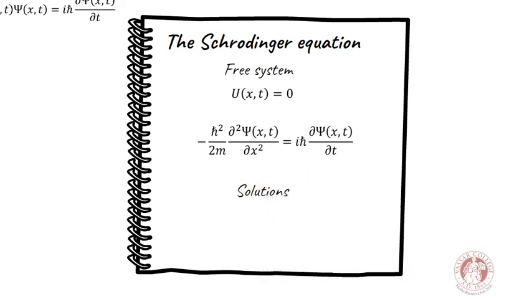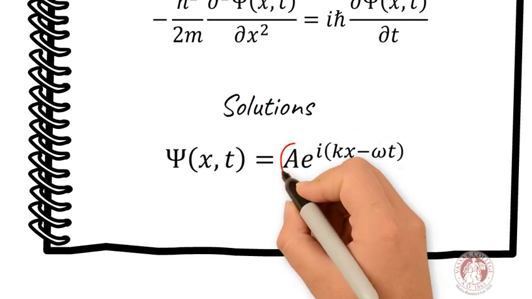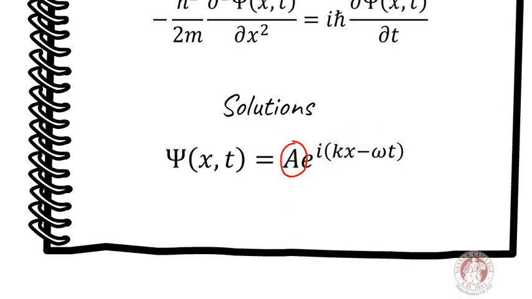It is clear that this equation accepts solutions of the following form. It is important to notice that the solutions to the Schrödinger's equation represent the wave functions of the quantum system that we are describing. Note that the constant, A, must ensure the normalization of the wave function.